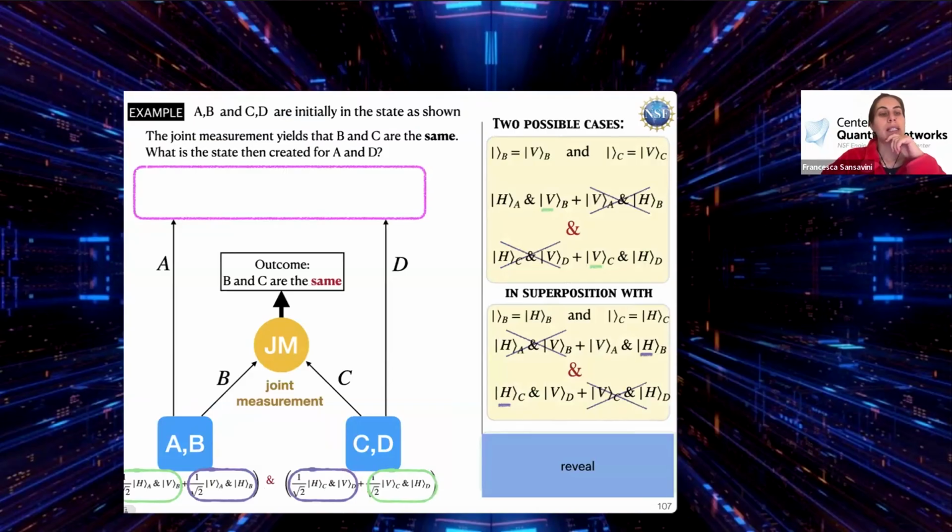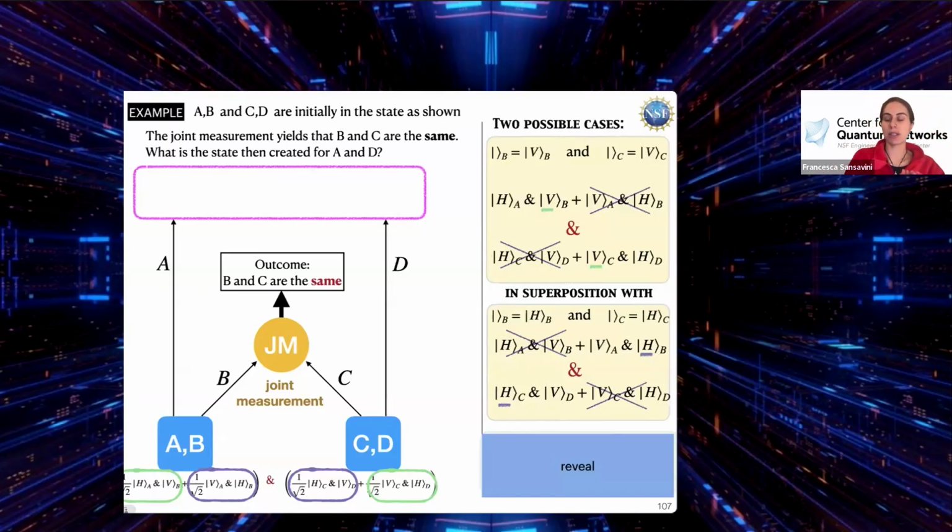Let's do an example, and say that the joint measurement outcome is that B and C have the same polarization. Our question is, what is the state that A and D will end up with? We have two possible cases.